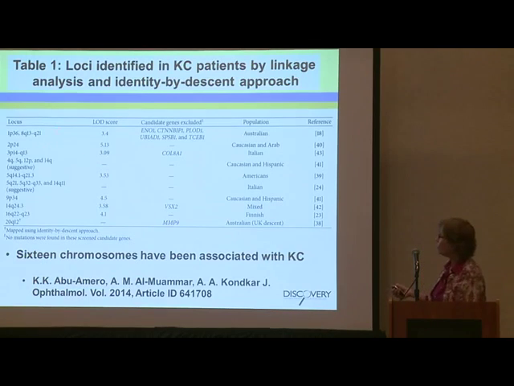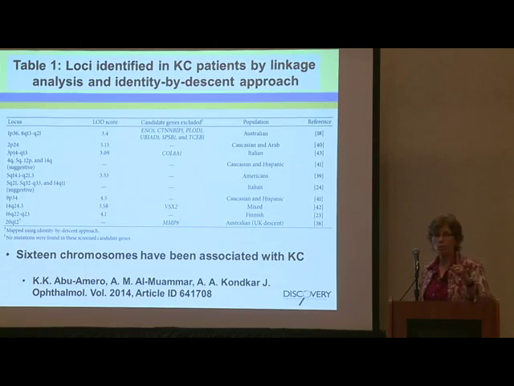And what this table shows are different chromosomes, and we're just doing general stuff. They're different chromosomes, and these studies were done from Australia, from Italy, from Saudi Arabia, Hispanic and Caucasian, Italian, Finland. The take-home message of this slide is that 16 chromosomes have been associated with keratoconus.